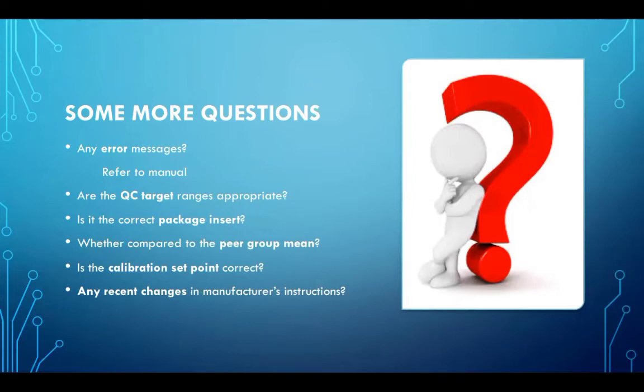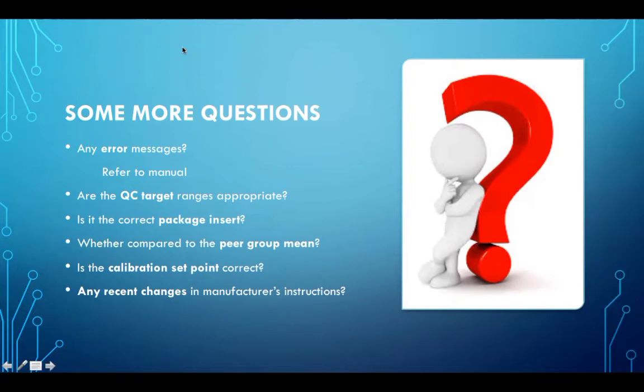And also discuss with your friends, if they are also using the same control material, what mean you are getting, what mean they are getting, and whether there is any change in the manufacturer instruction. All these things are important to take appropriate action in a situation, and with time we build up our knowledge related to this control material.